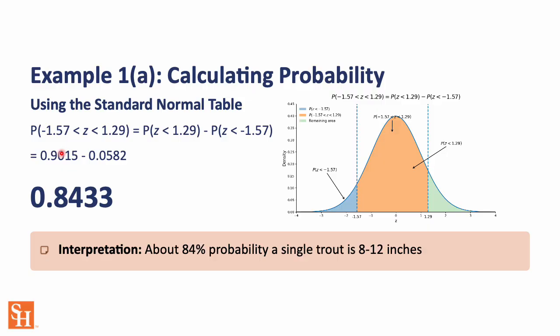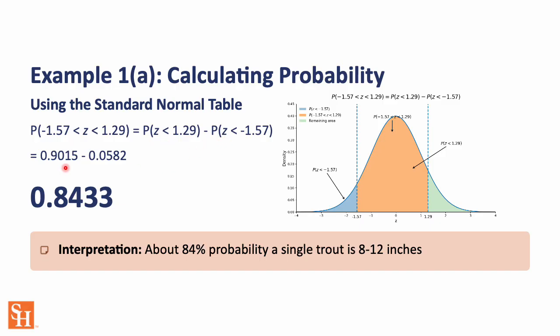Now the area that is left of 1.29 is 0.9015. From the standard z table, we can get this area. I will not discuss how to find this area, because I have already discussed that many times in our previous two to three lessons.